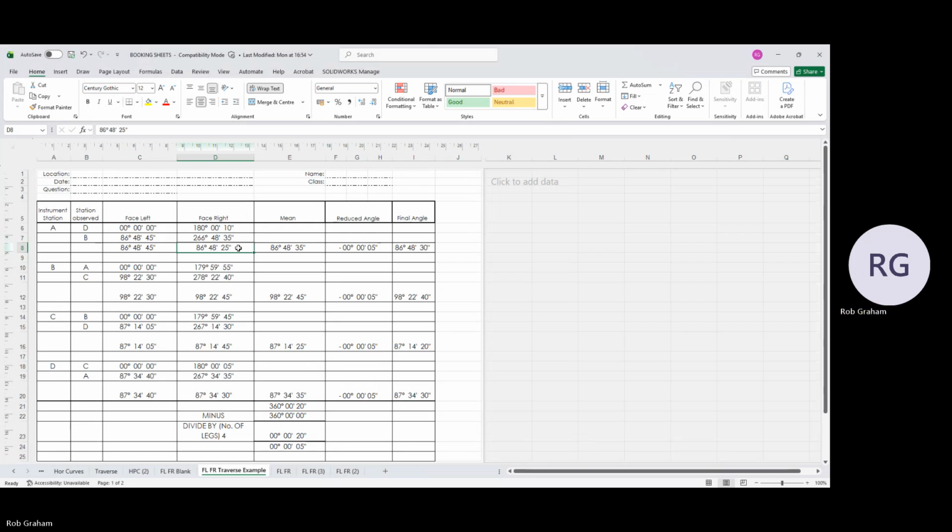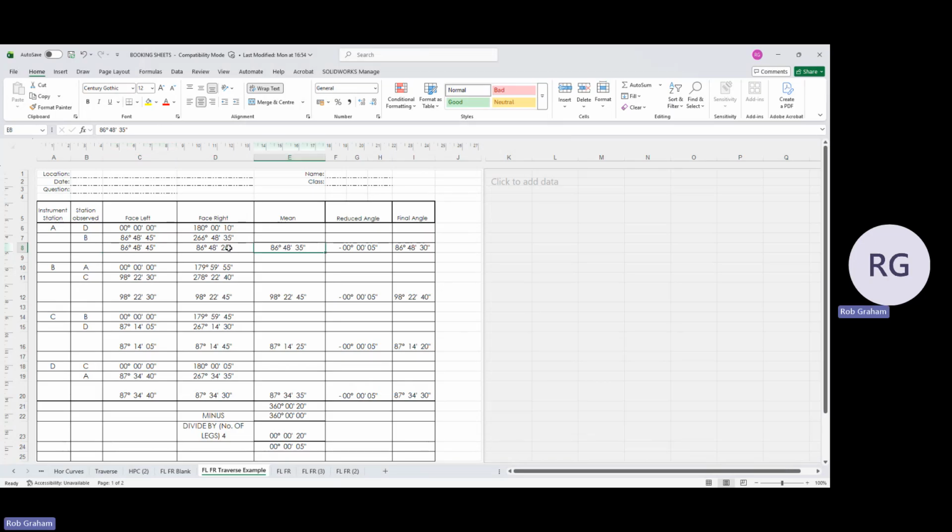Now, with slight errors maybe in your readings or in the instrument, we come out with two figures. So what we need to do there is take the average or mean of the two figures. So we need to add 86 degrees, 48 minutes, 45 seconds, and 86 degrees, 48 minutes, 25 seconds, and divide that number by 2.